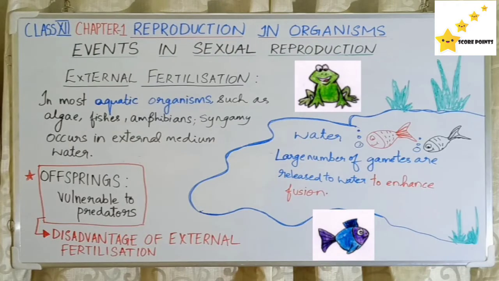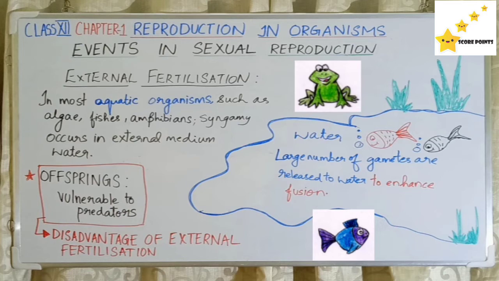In most aquatic organisms such as the majority of algae and fishes as well as amphibians, syngamy occurs in the external medium, that is water, outside the body of the organism. The organisms exhibiting external fertilization show great synchrony between the sexes and release a large number of gametes into the surrounding medium, that is water.